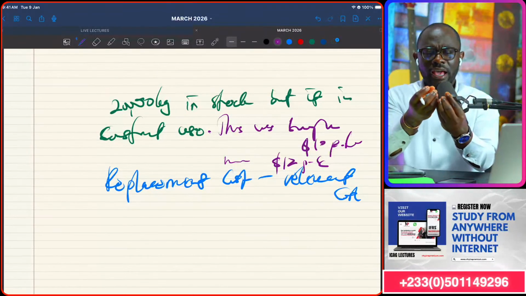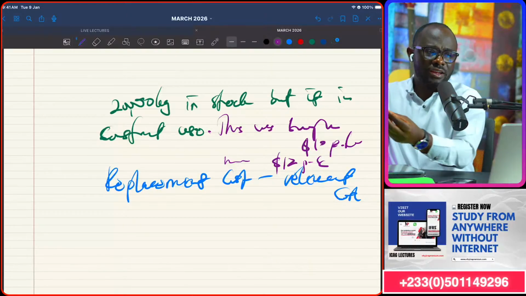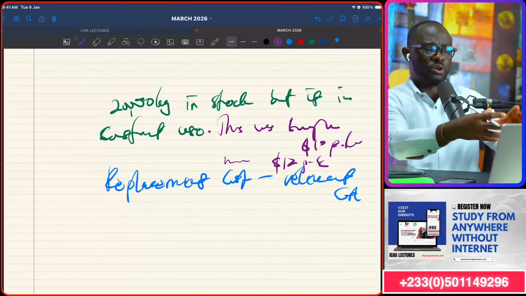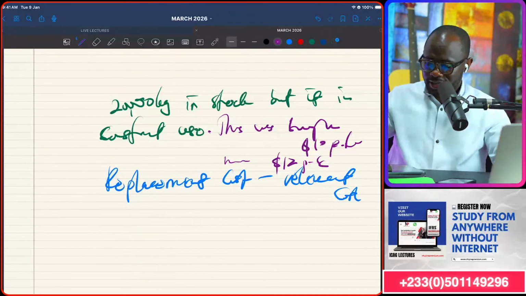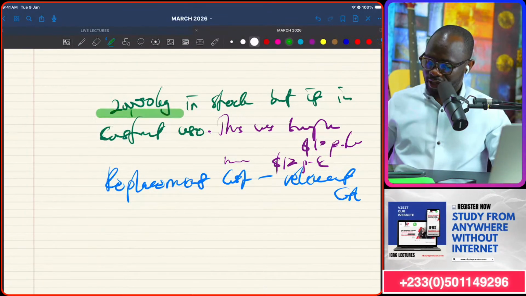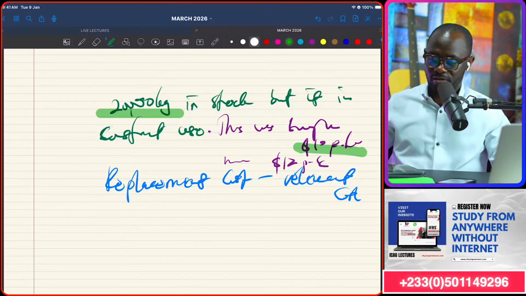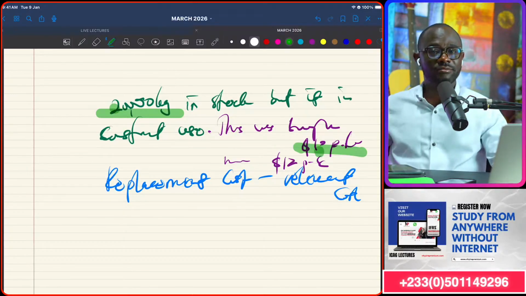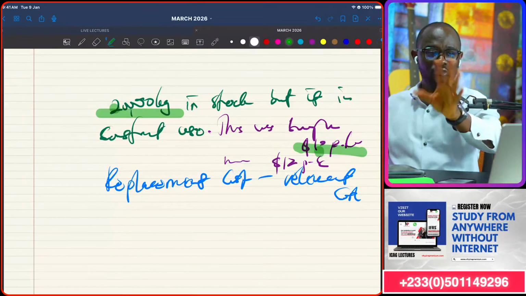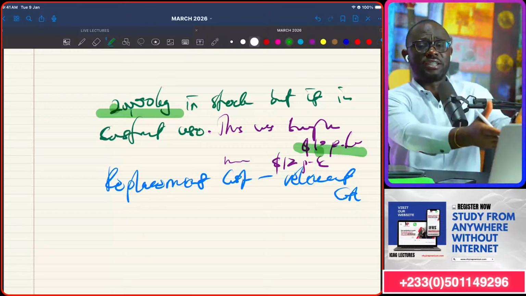Someone with weak understanding of the management accounting concepts surrounding relevant costing will just say, oh, the 20,000 was bought at 10 per kilogram. So you do 20,000 by 10. That is where you will do yourself au revoir mon ami, because it is wrong.